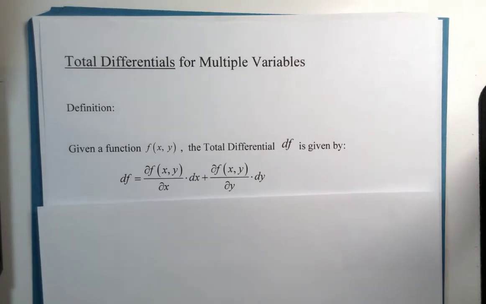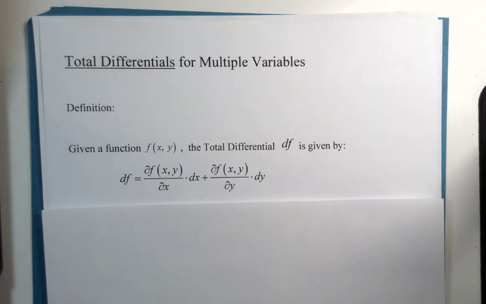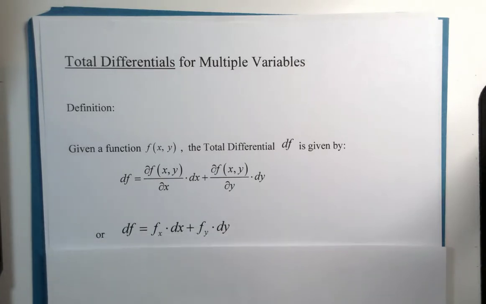And if you want a slightly cleaner looking version that doesn't have as many symbols to math blind you, you could write it this way: df equals f with respect to x dx, plus f with respect to y dy.